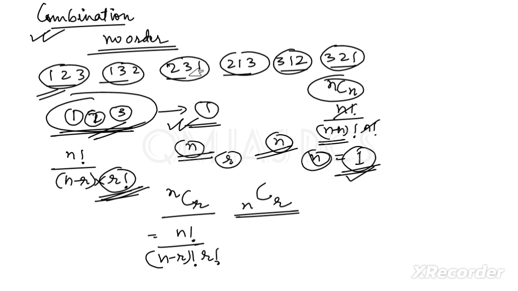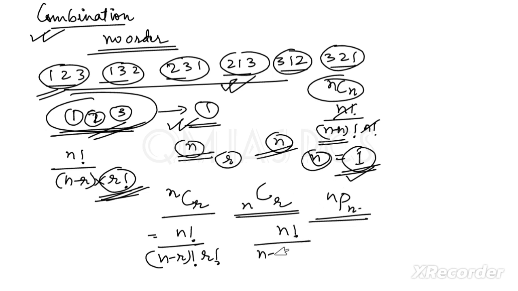But in case of permutation, if we are taking all at a time, like nPn, it will be factorial n divided by factorial n minus n, that is 0 factorial. So 0 factorial will be 1, and we will have n factorial. So in case of three objects taking three at a time, it will be 3 factorial, that is 6.